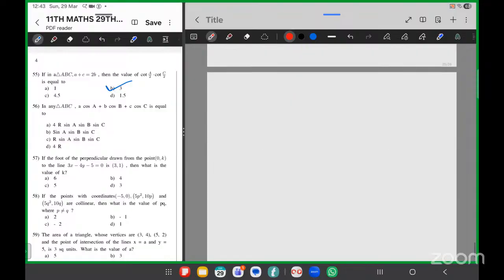Question number 56. In a triangle ABC, a cos A plus b cos B plus c cos C is equal to?